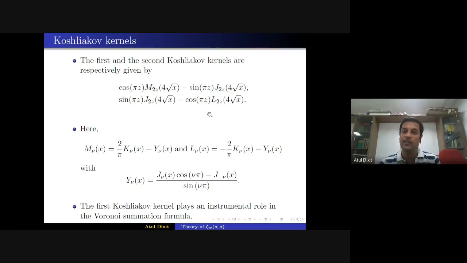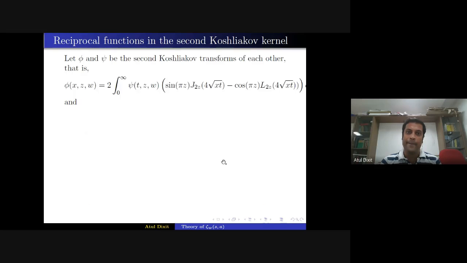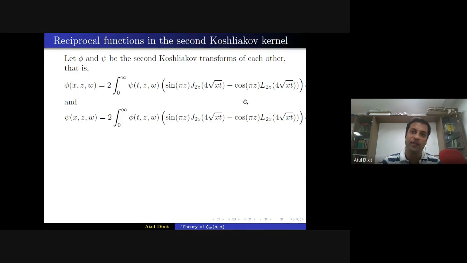But the second one is what is useful in our case. So note the difference between this M function and L function. There is just a difference of having a plus sign here and a minus sign here. So one needs the theory of functions phi and psi which are reciprocal in this kernel.